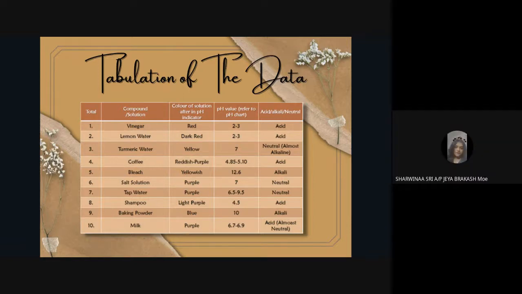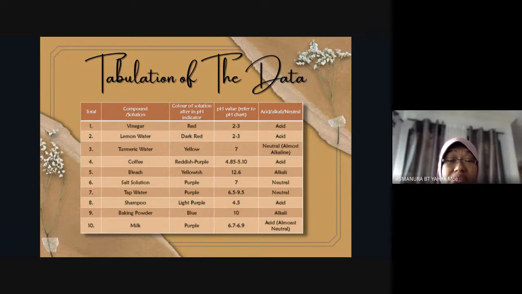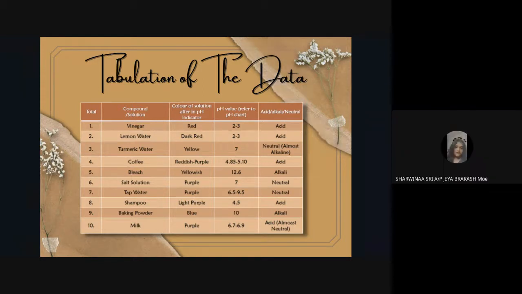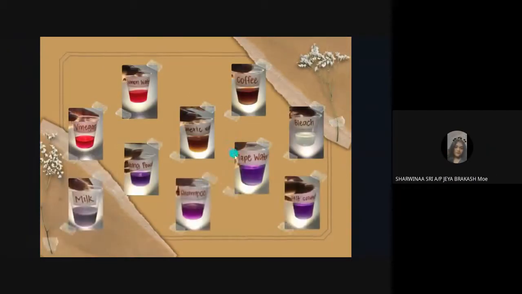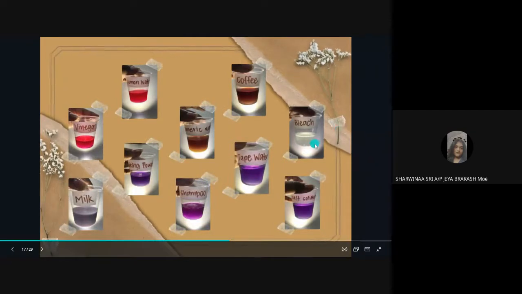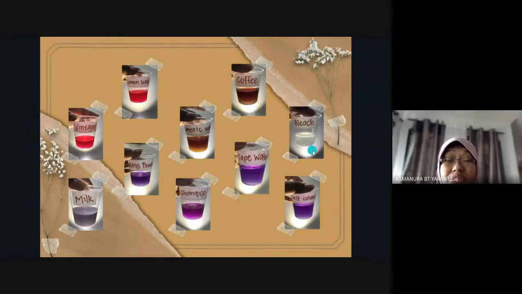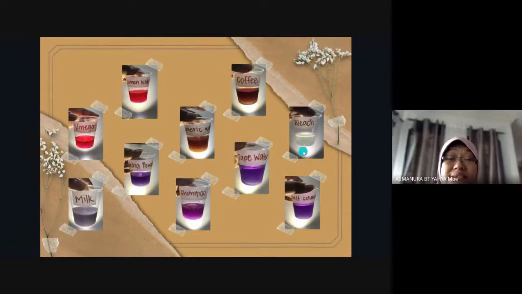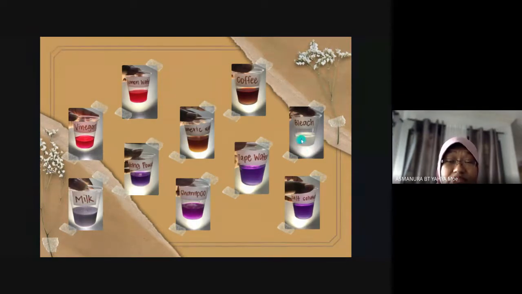And that's the pH value of it. And then that colour tu dia macam more to yellow, right? More to, yellowish. This is the color I've got for bleach. It's clear, but also it's kind of... okay. It's clear. Okay, it's like colourless, like it's more to colourless, right?